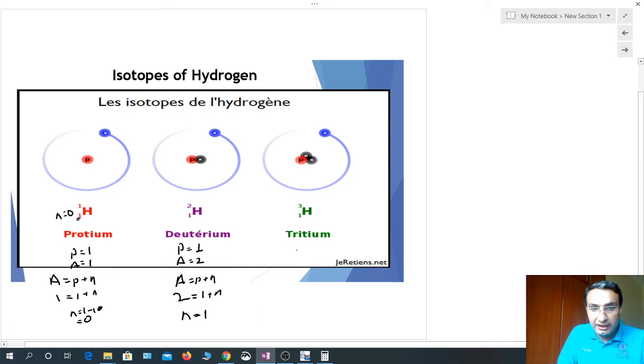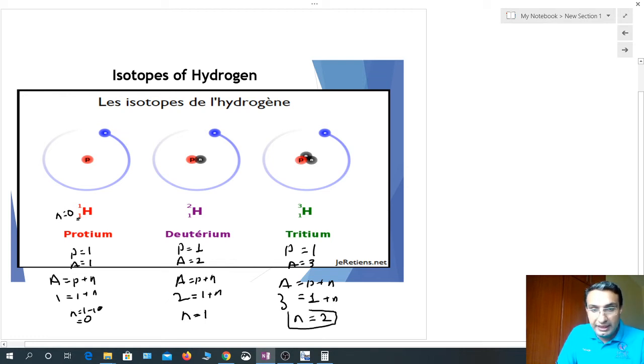If it comes to tritium, P is also 1, and A is 3. According to the formula P plus N, 3 is equal to 1 plus N, so N is equal to 2.